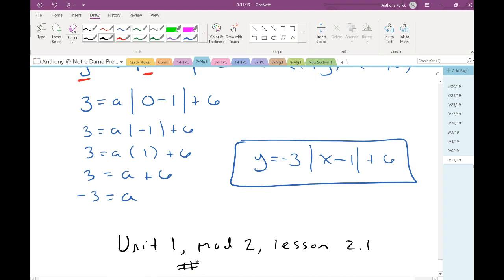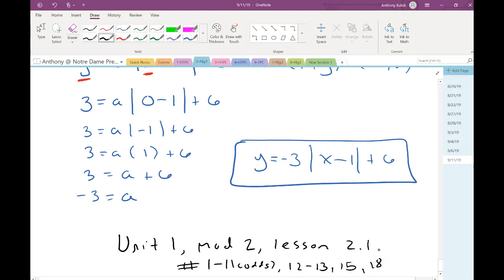And what I'd like for you guys to do is 1 to 11 odds, 12 and 13, yes, of course, 15 and 18.